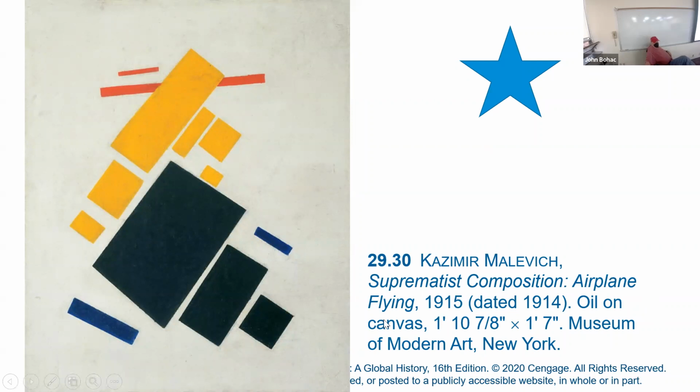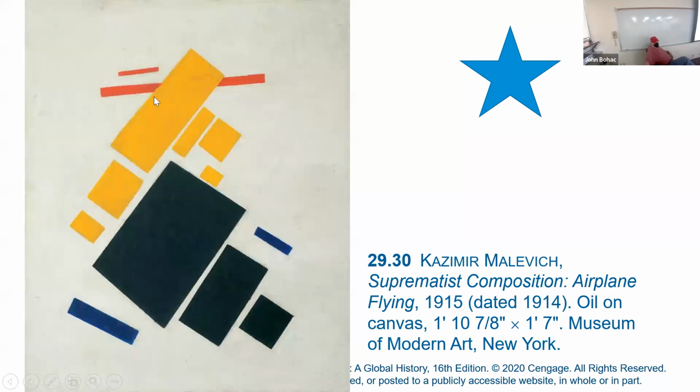Suprematist composition, airplane flying. So what you got here is kind of a painted version, if you will, of Jean Arp's paper shapes or collage, arranged according to the laws of chance.